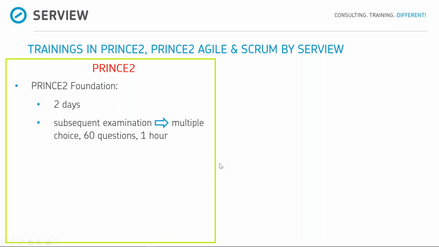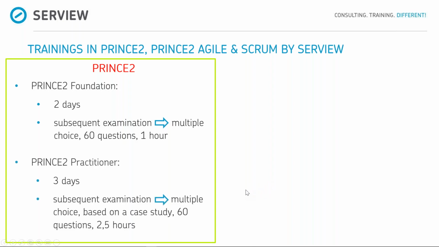So you can be a certified project manager at foundation level. It's a multiple choice exam, 60 questions and 1 hour. This is available in a lot of different languages, obviously not just English, German, whatever. And then if you want more of that adaptation part, of how to really put that theory into practice, we will be seeing each other again in the PRINCE2 Practitioner.